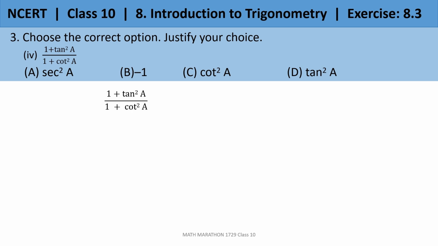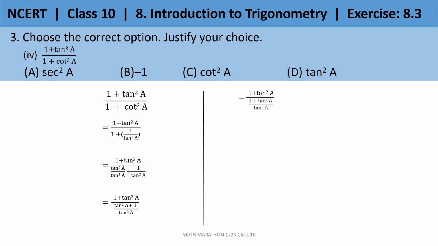(1 plus tan square A) by (1 plus cot square A) is equal to (1 plus tan square A) by (1 plus 1 by tan square A), which is equal to (1 plus tan square A) by ((tan square A plus 1) by tan square A), is equal to (1 plus tan square A) multiplied by tan square A by (1 plus tan square A).